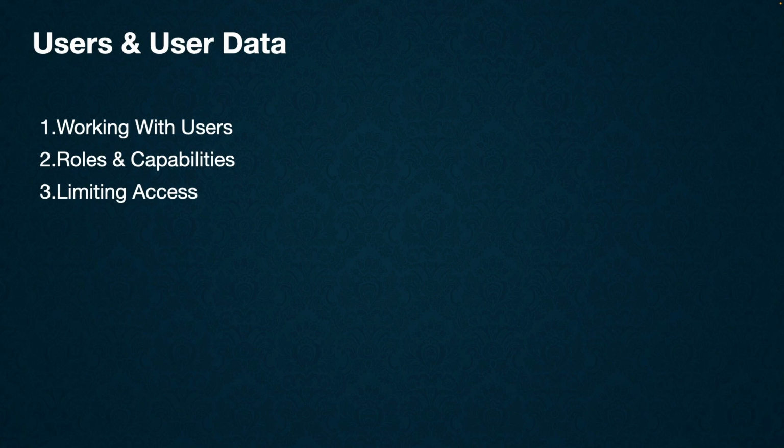So we will discuss a lot about limiting access in the users and user data chapter. And then we will talk about how you will customize roles, like how you will add some roles, remove some roles, or maybe modify some roles and other things. And finally we will give a summary for that.